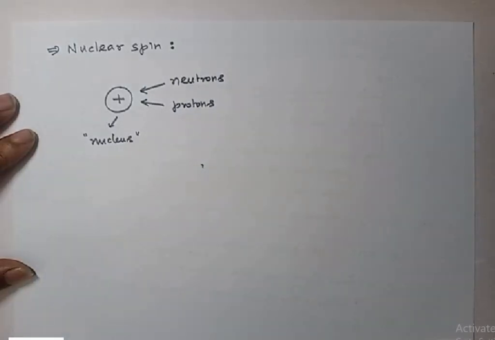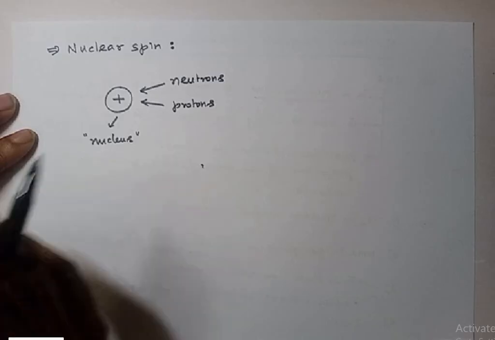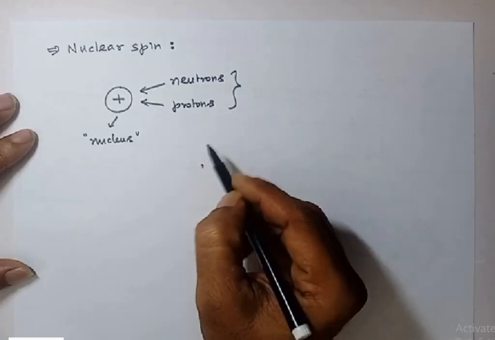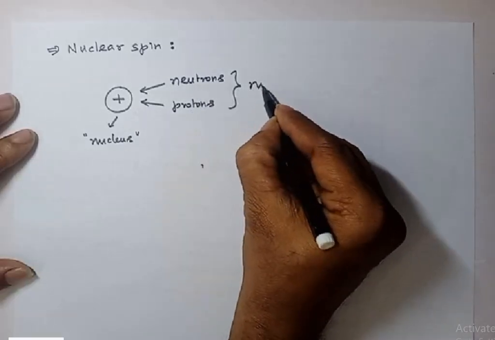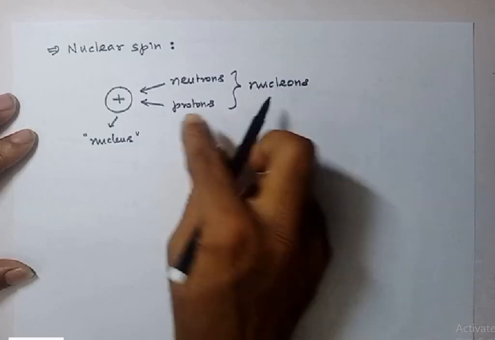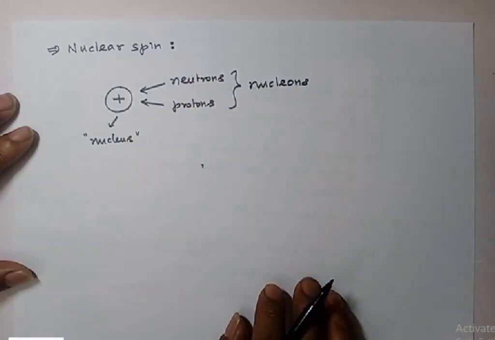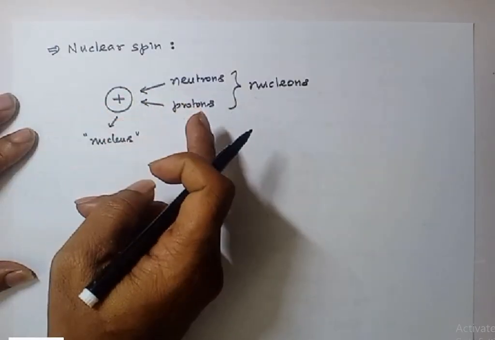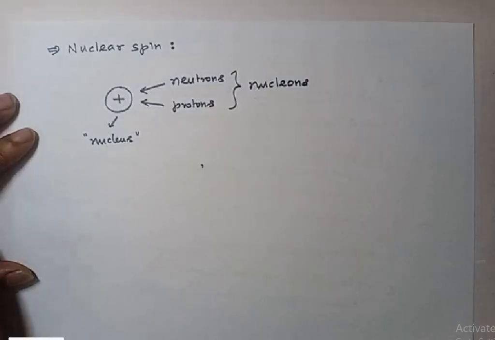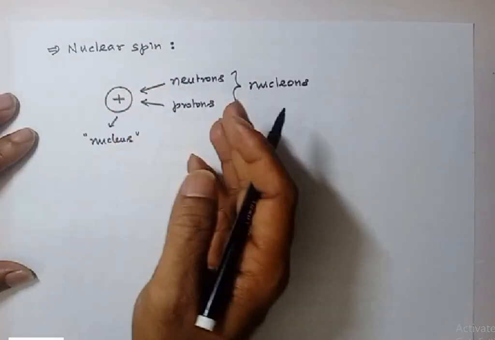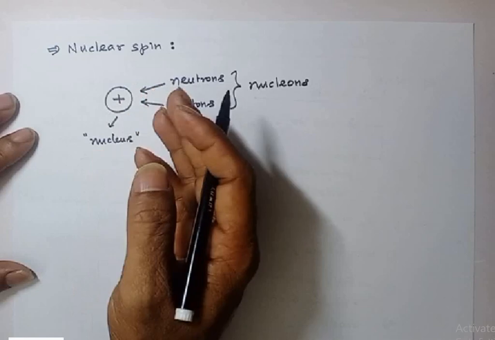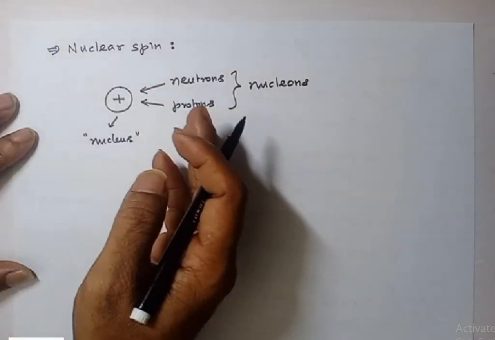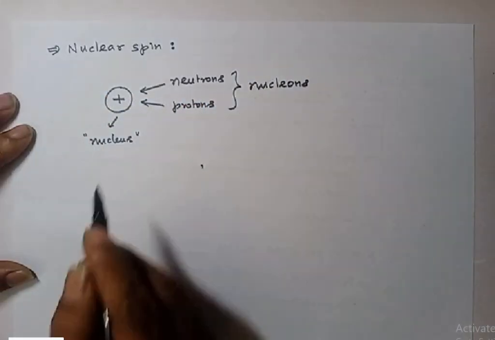These particles are collectively called nucleons. So every atom has a nucleus, and the nucleus is made up of neutrons and protons. The proton carries a positive charge, and the neutron is a neutral particle.